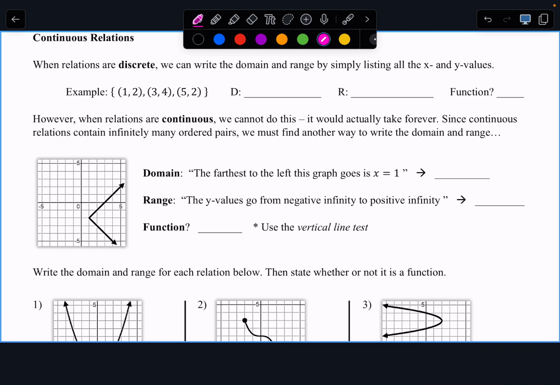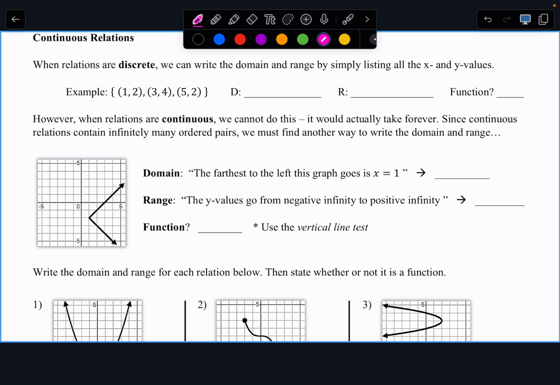Now, when we have a continuous relation, okay, back the truck up. If we have a discrete relation, we can simply list out the x values for the domain and the y values for the range.